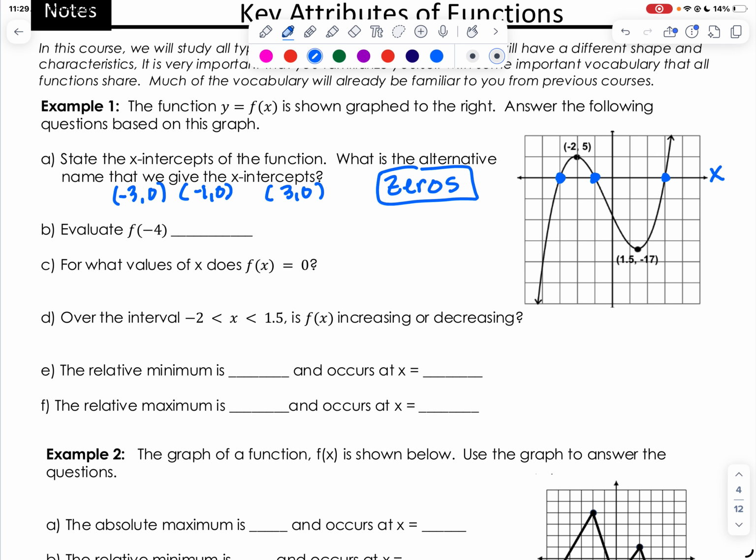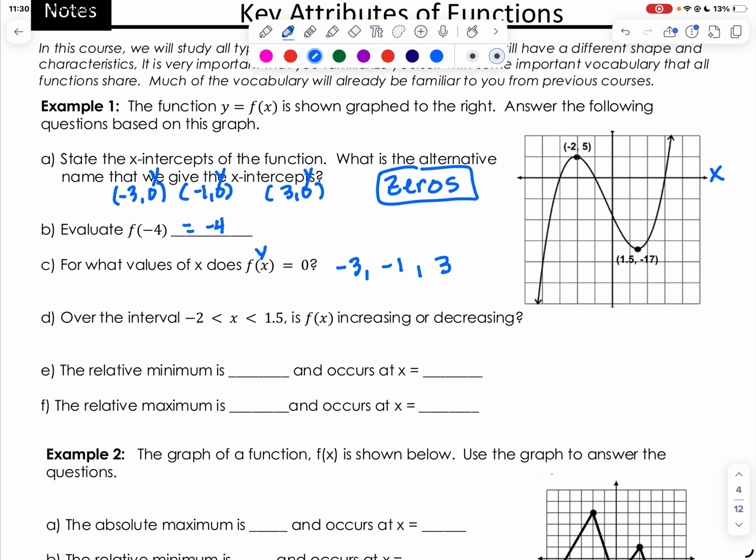Look back at problem A. Notice that in our x-intercepts, the y value equaled 0 three times. y was equal to 0 at -3, -1, and 3. That's when our function was equal to 0. All right, next question. Let me erase some of these dots here so that we can look at our next question.